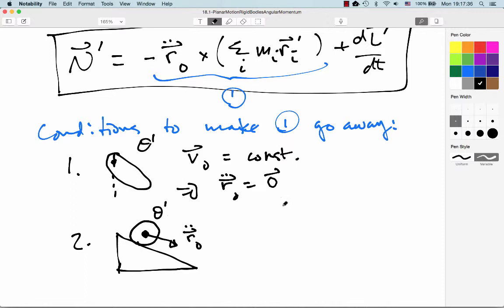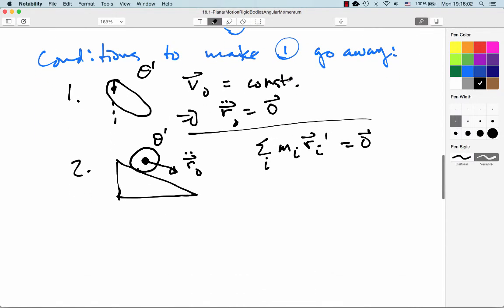Now, the reason that that's okay is that in that case, we can rely on our favorite little trick, the sum over i of m_i r_i prime in this case. Well, that will be locating the center of mass with respect to the center of mass. And so that is 0 in that frame, and that makes that go away. So that's the case of O prime at the center of mass.